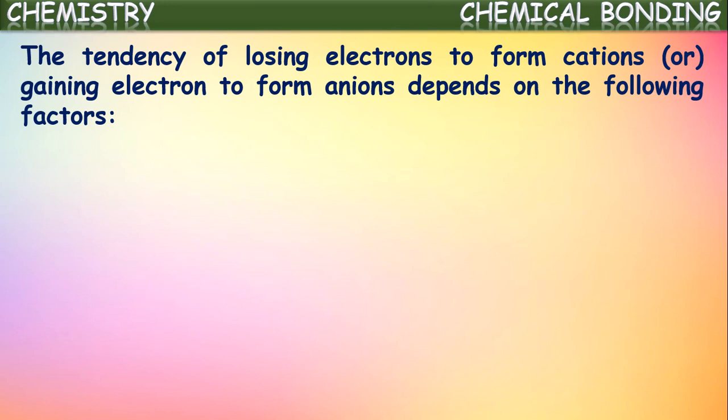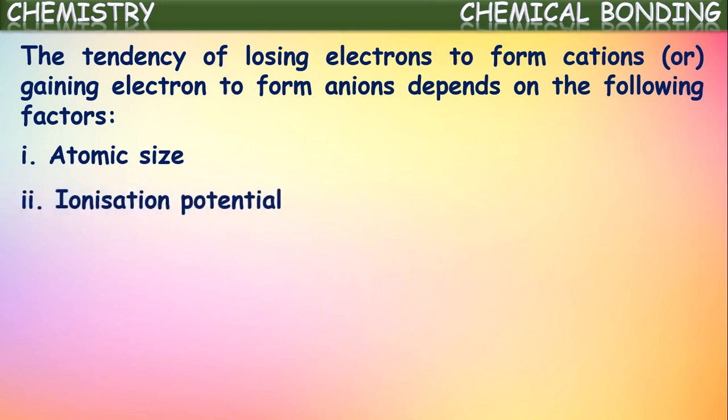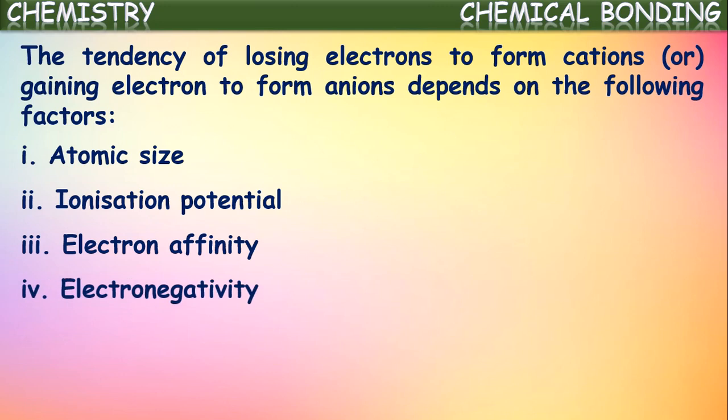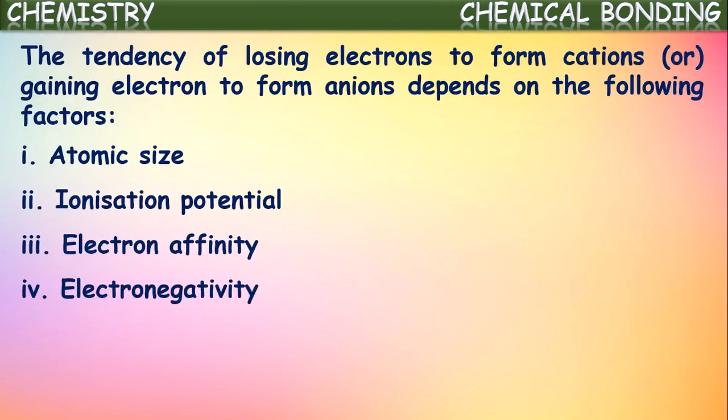Based upon these factors, the tendency of forming either cations or anions will be dependent. Those are atomic size, ionization potential, electron affinity, and electronegativity. So these are the factors which affect the tendency of forming either cation or anion.